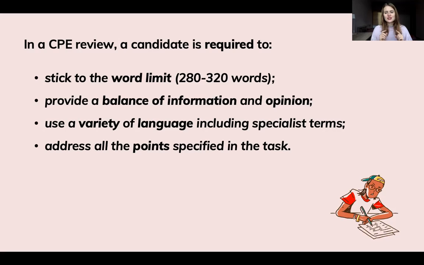So I suggest that you read the task carefully and underline the points in the task itself so as to remember what you have to cover in your review. And it isn't only about reviews. It's also about any type of writing, be it an essay, be it a letter, or whatever. And in general, it's about any task you do.